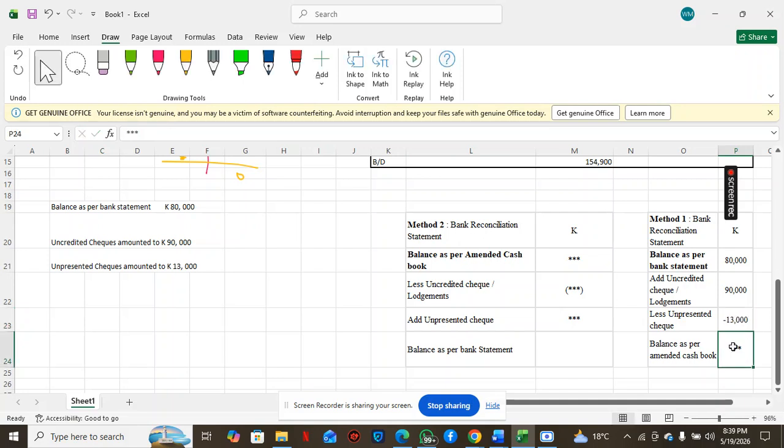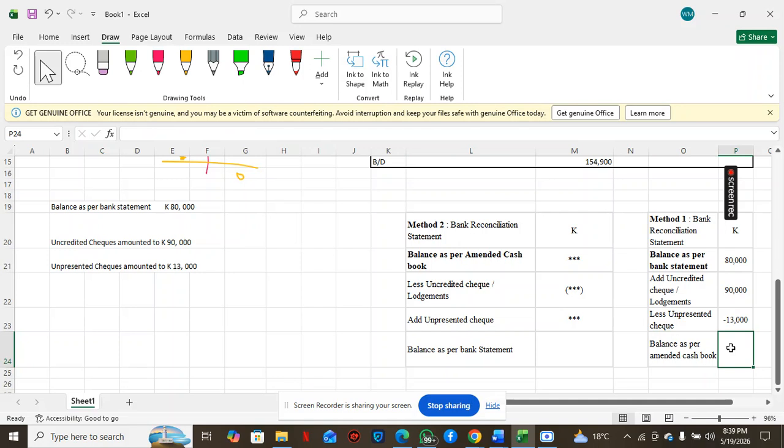So when we use this method, it's just that I haven't connected this question with the cash book. When you use this method, after you do your tabulations, the balance that you need to arrive at is the balance of the amended cash book.